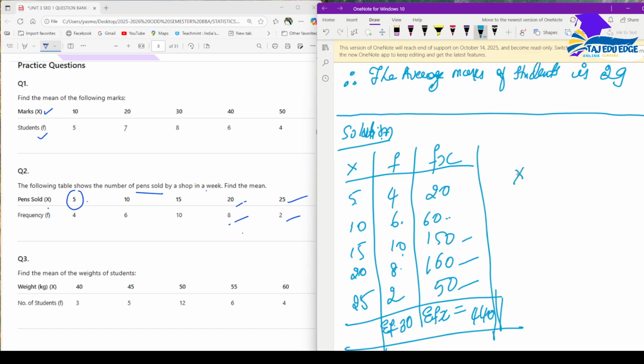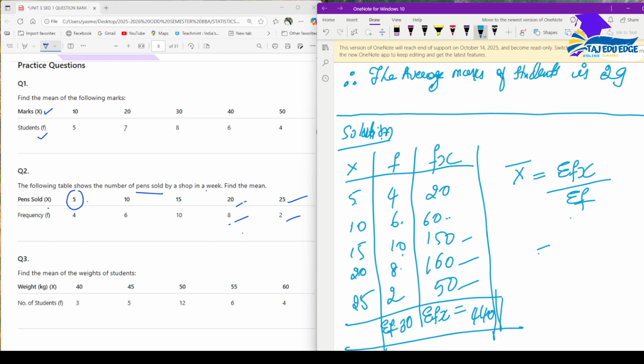The formula here is x bar is equal to summation of fx divided by summation of f. I have already said summation of f is nothing but n.